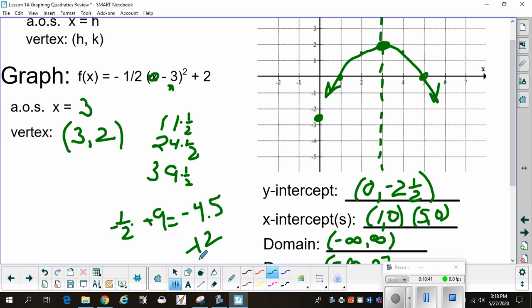Plus my 2 there would give me my negative 2.5. And that's what I've got. So either way, working it out algebraically or graphing it.